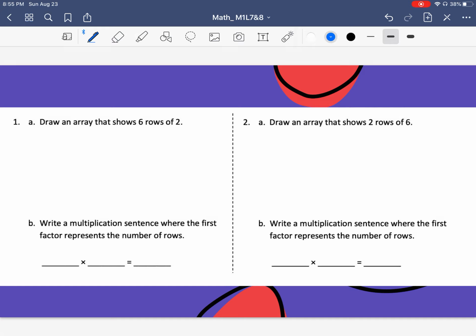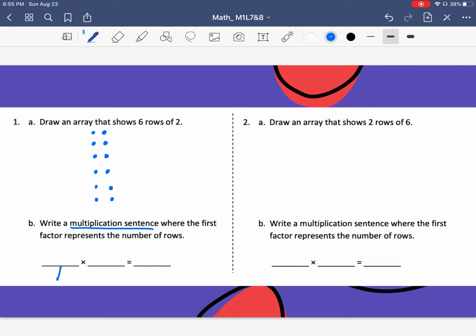Number 1, it says draw an array that shows 6 rows of 2. Whenever I draw an array, I usually start from the rows. So I'm going to draw 6 rows first, and I'm going to draw 2 dots on each row. Then let's go on to letter B. Write a multiplication sentence where the first factor represents the number of rows.